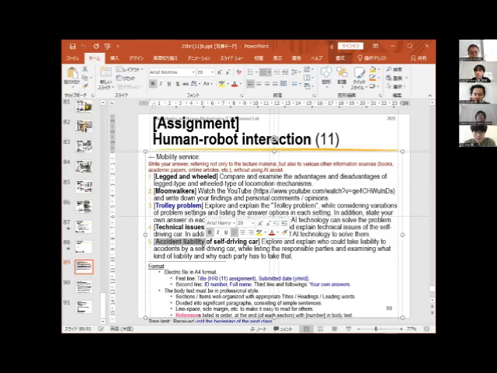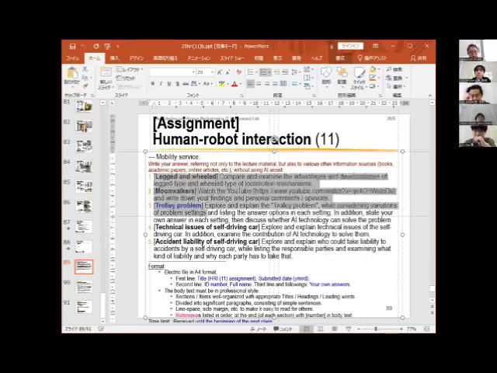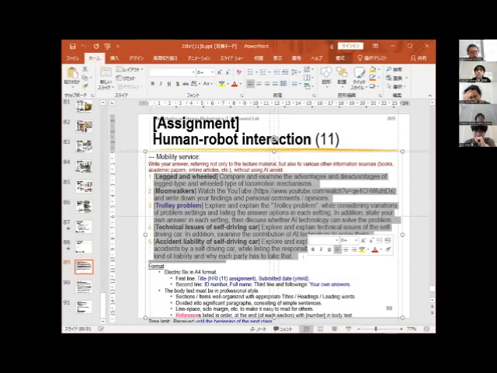So explore and explain who could take liability for an accident by a self-driving car, listing the responsible parties and examining what kind of liability and why each party has to take it. But these five are very wide range topics.